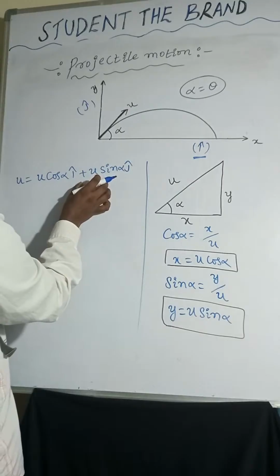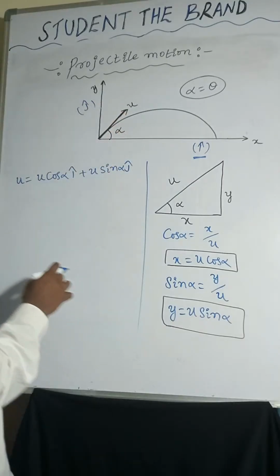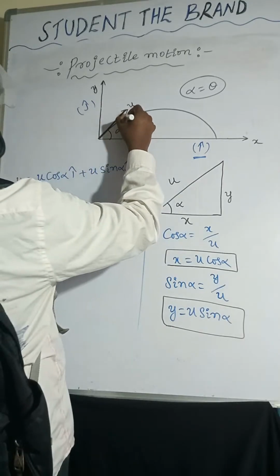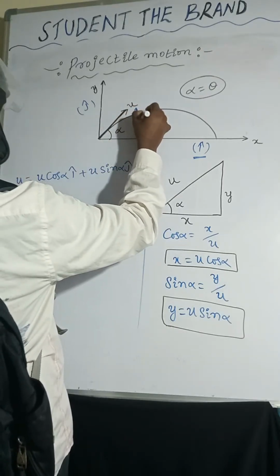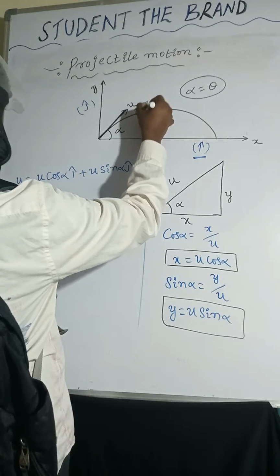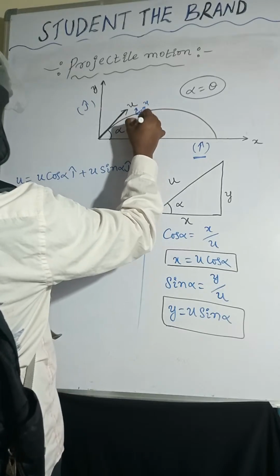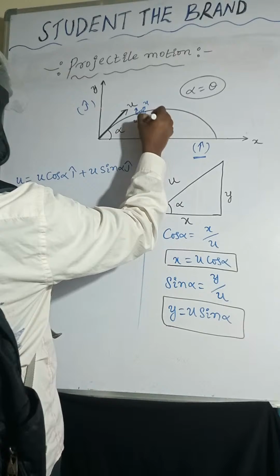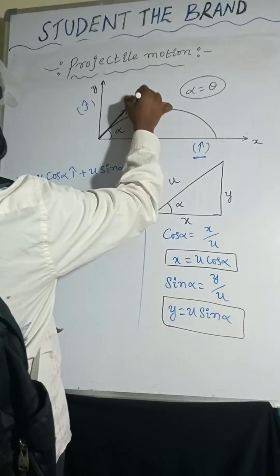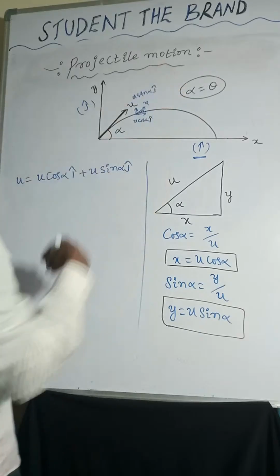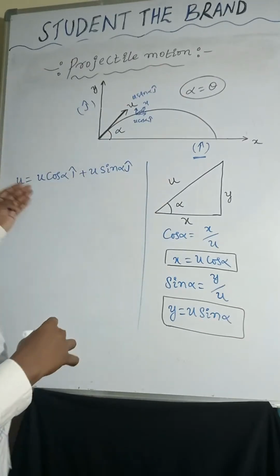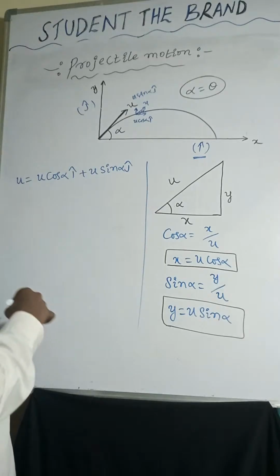Along the y-axis u sin alpha j cap. If you are resolving the components into two parts, u bar you can take as u cos alpha i cap plus u sin alpha j cap.